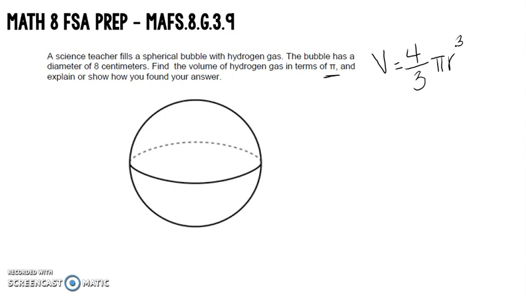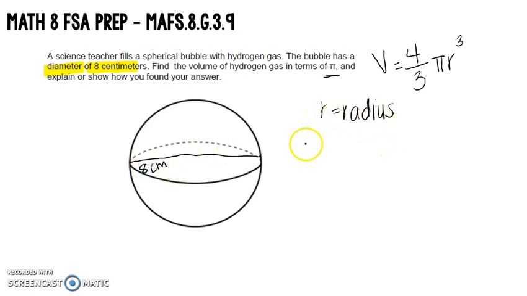So when we're talking about volume for a sphere, we're talking about 4/3 pi r cubed. That r stands for radius, which if you look back in this problem, they gave us a diameter. So what that means is that the whole length across is 8 centimeters.